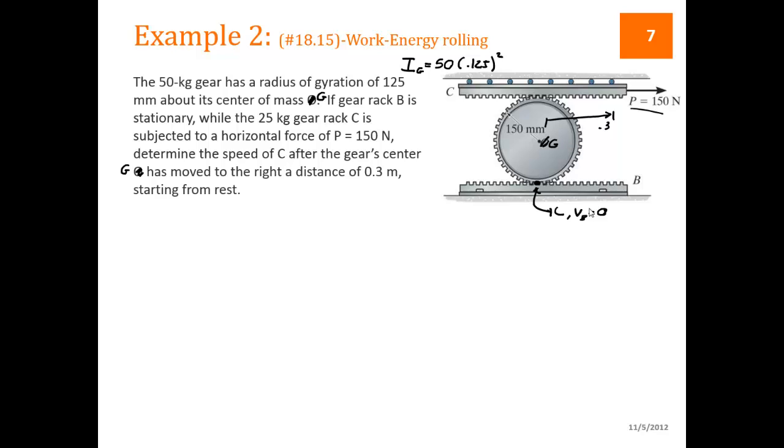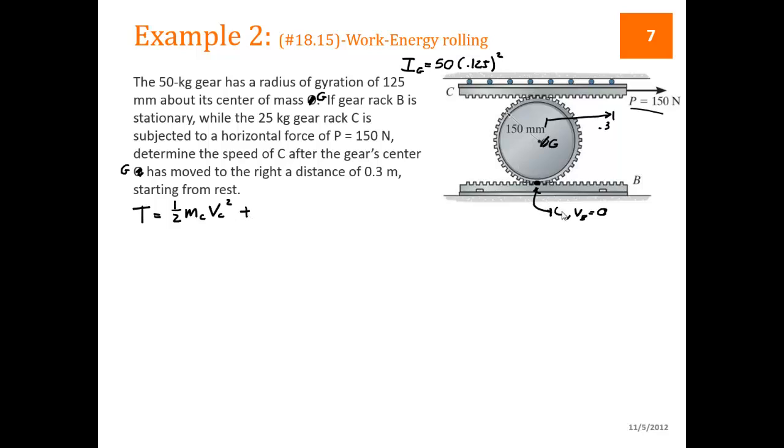We're asked what the speed is up here at that point in time. So let's start by writing our kinetic energy equations. We have two objects moving in this situation: the gear that is translating and rotating, and the track that is just translating. Let's start with the track, which is the easy one. Translation is 1/2 mc, mass of the track, times the velocity of the track squared. Now the gear is rotating and translating if we look at its center of mass.